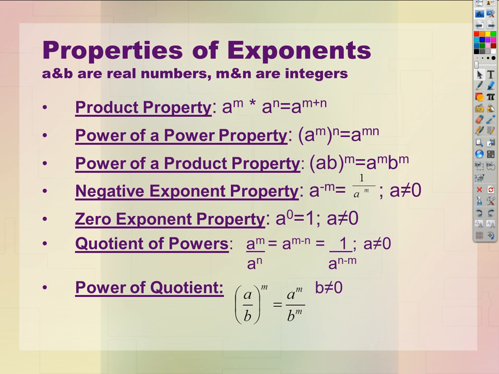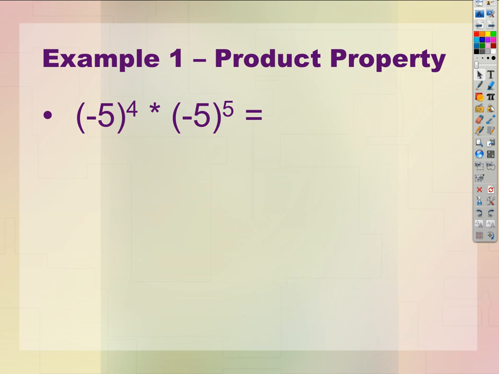Okay, good enough. Okay, so what about this one then? So which property applies there? Obviously, Product property, yeah. I'm multiplying like bases, so what do I do? Add the exponents.